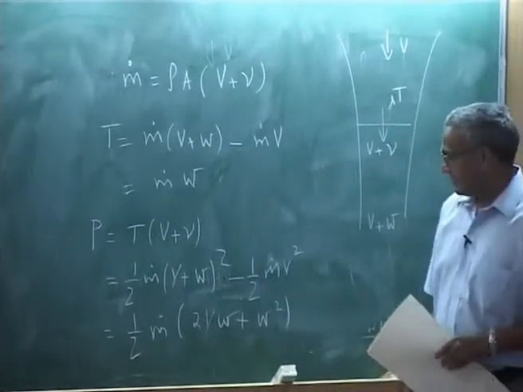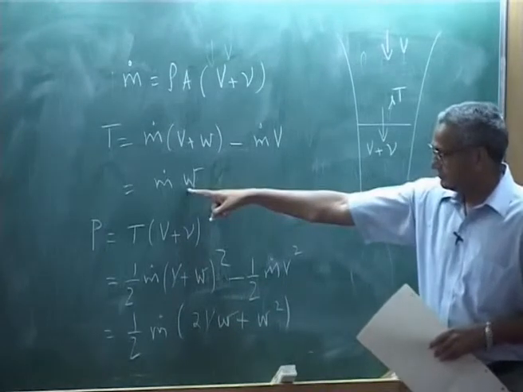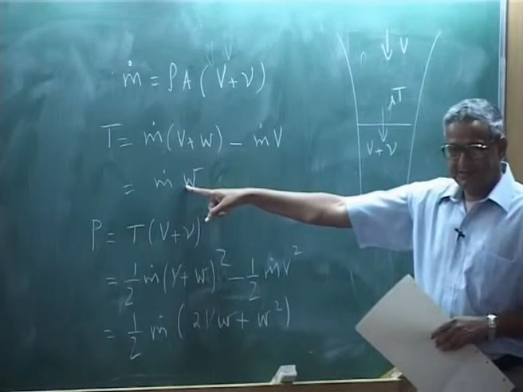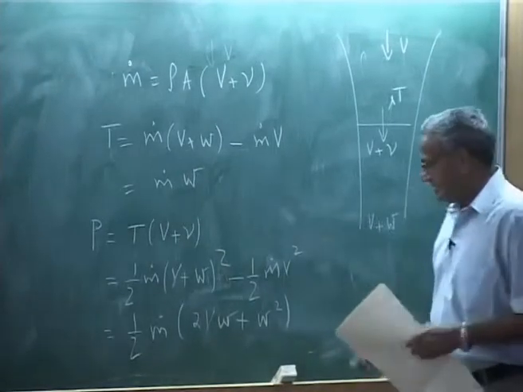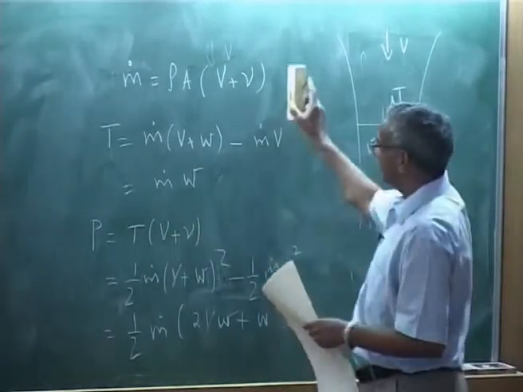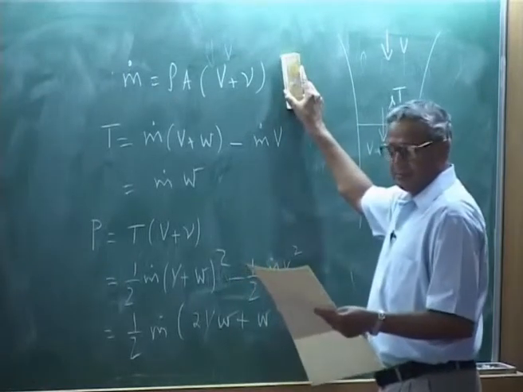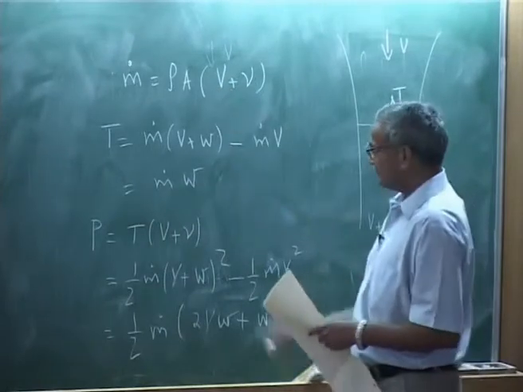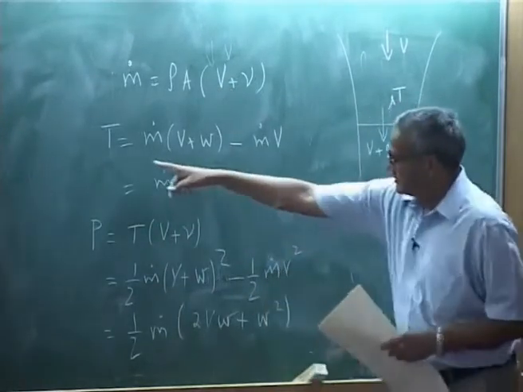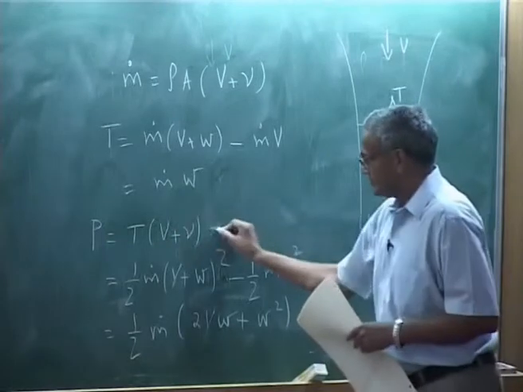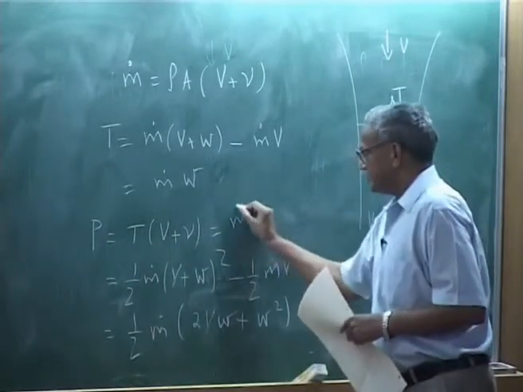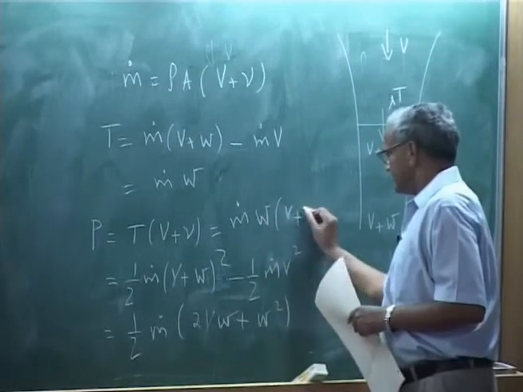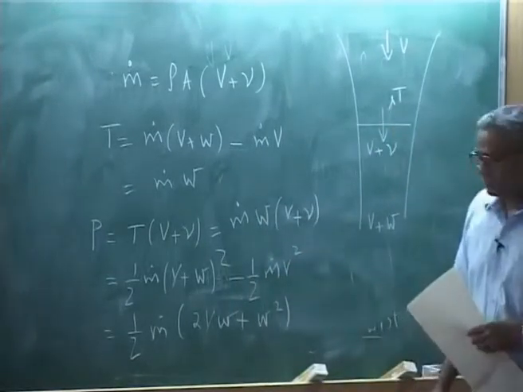Now, substitute m dot here, and then maybe I erase here. This is what m dot is, you put this, this is also m dot W (V plus nu).